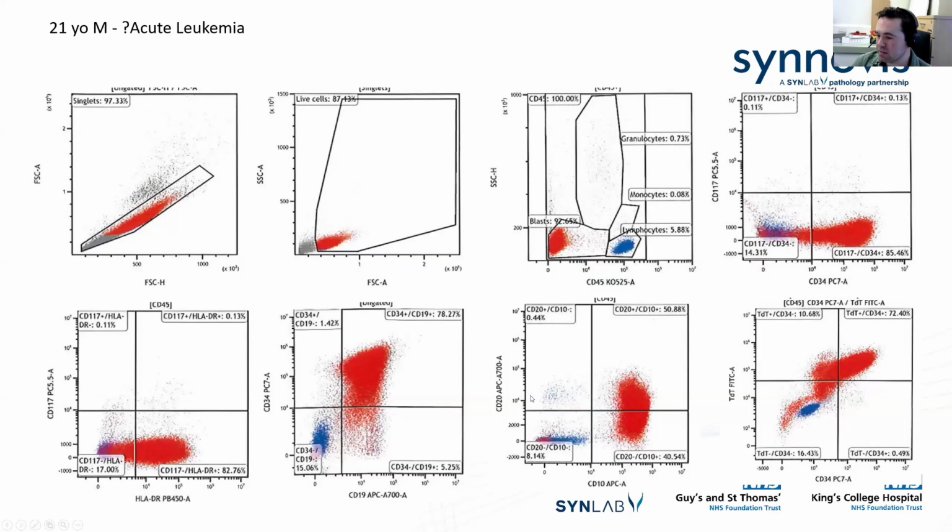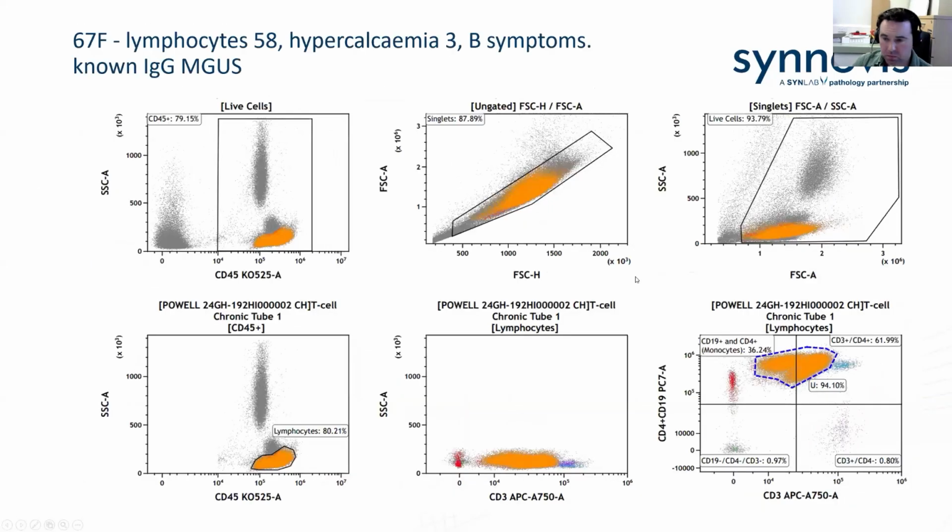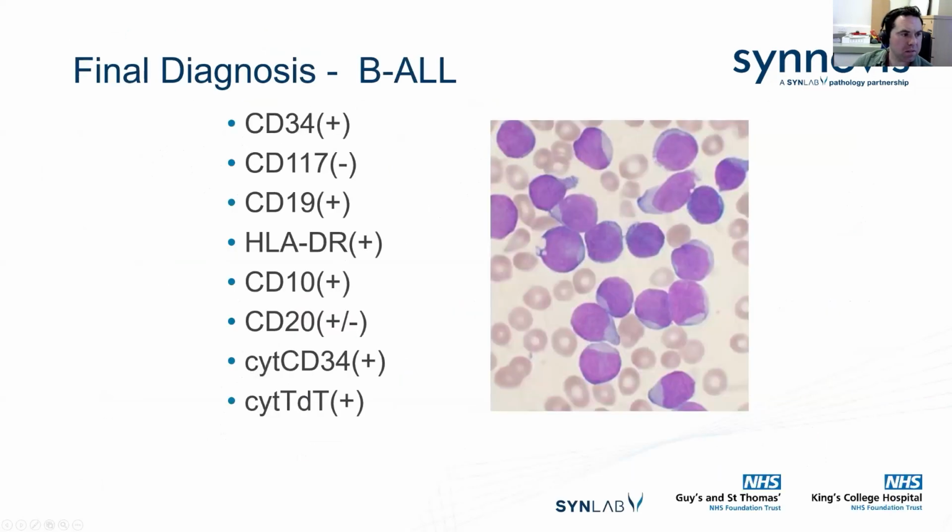It has very little or some CD20 expression, which could indicate immaturity, and then also it is TdT positive. So then the final diagnosis for this patient was B acute lymphoblastic leukemia.